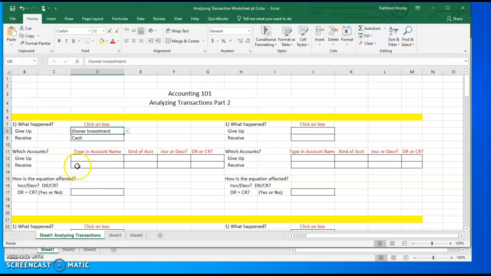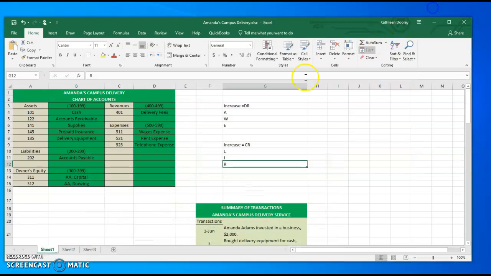Then for which accounts, we have to choose an account for cash, and here is an account for cash, and we have to choose an account for owner investment, and that's always the capital account, Amanda Adams, comma, capital.